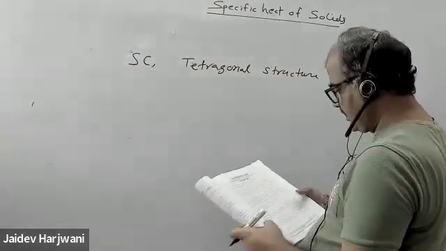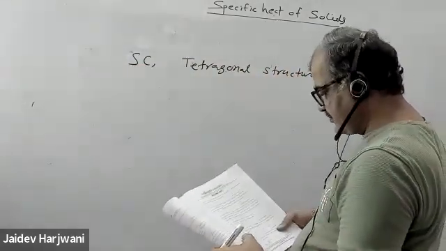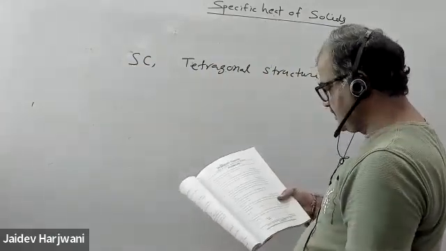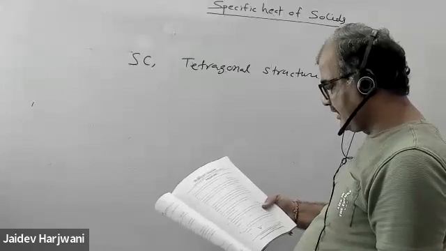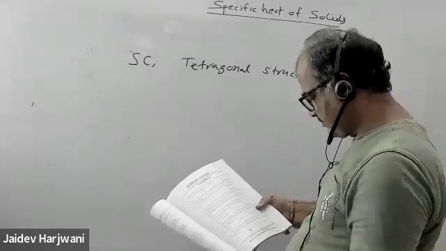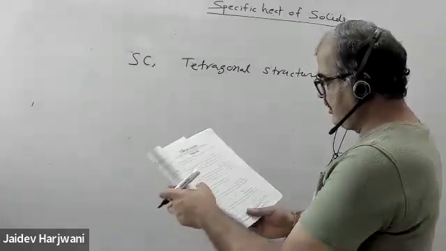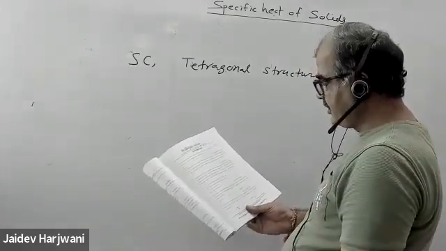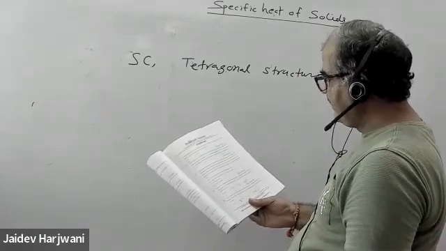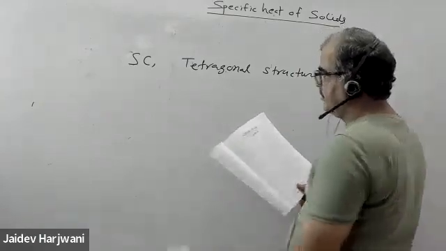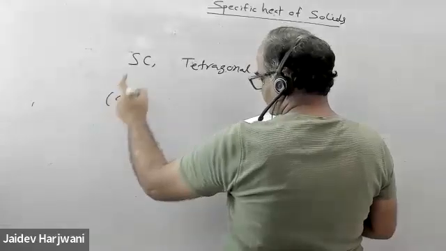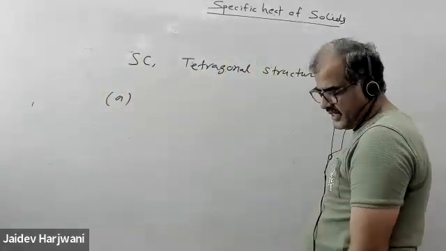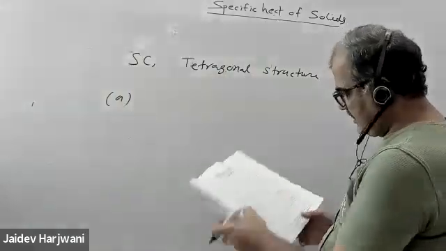The effective spring constant between atoms in the C direction is half of the effective spring constant between the atoms in the A and B directions. Yes, it's nonsense information. Now he's saying that at low temperature, the lattice contribution to specific heat will depend on temperature as a function. So two solids are given, one simple cubic and another tetragonal, and they are giving you options.